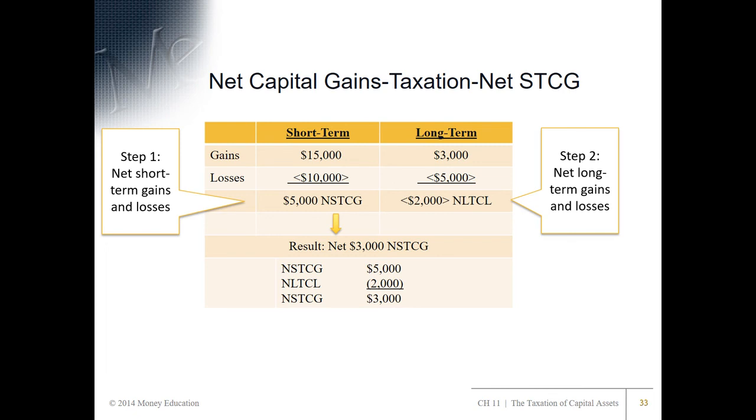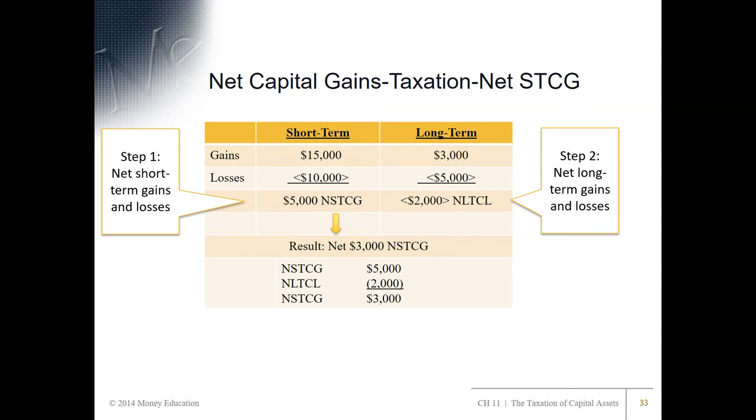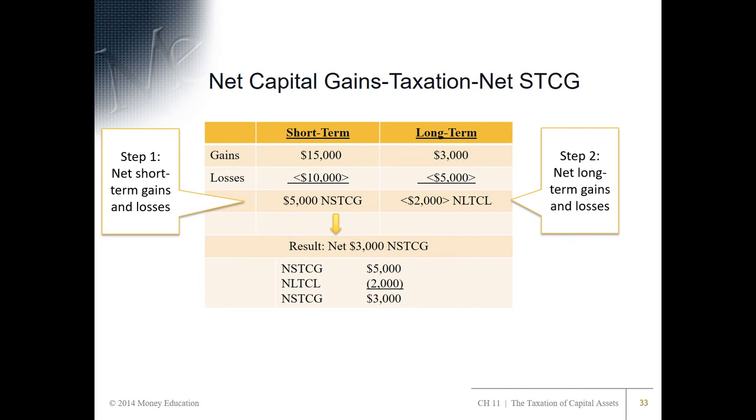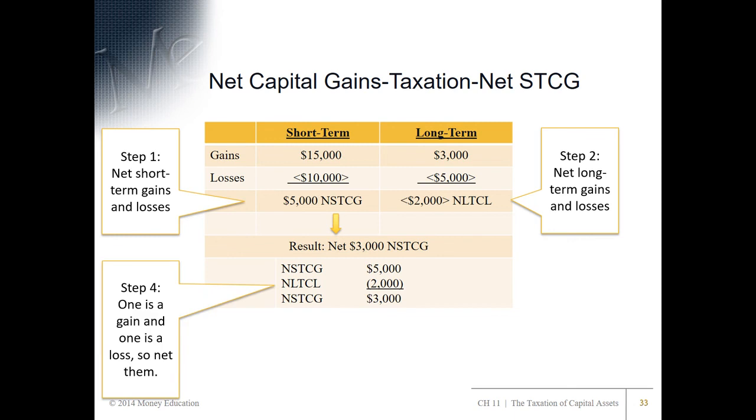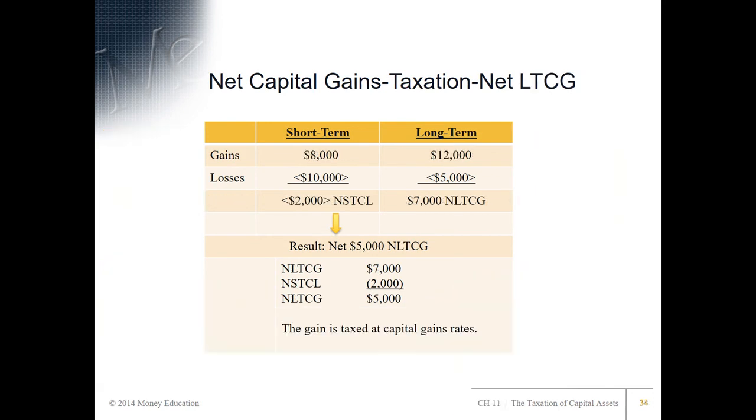And how do we know that that $3,000 is a net short-term capital gain? Because the bigger one is the one that gives it its character, and the net short-term capital gain is bigger. So we end up with a gain, and so gains are fully taxable. This will be taxed at ordinary rates because it's short-term.